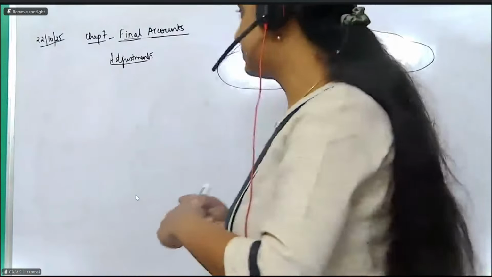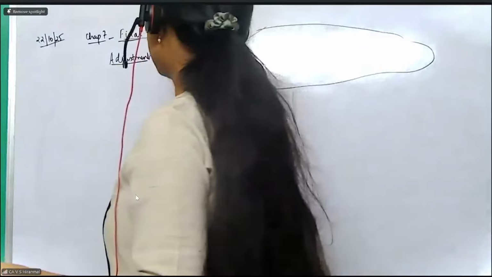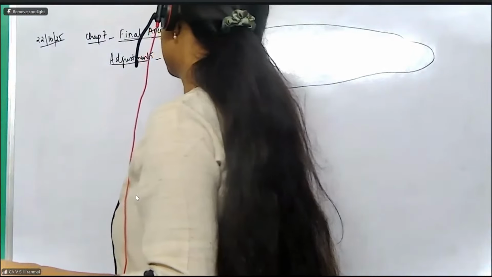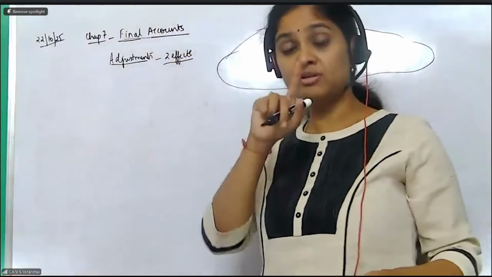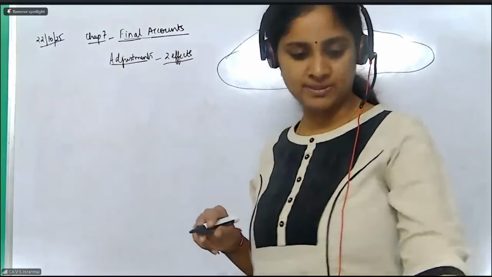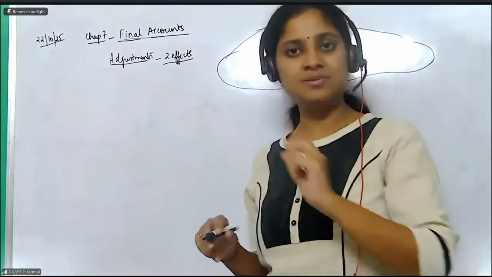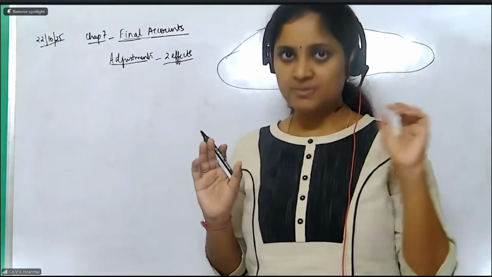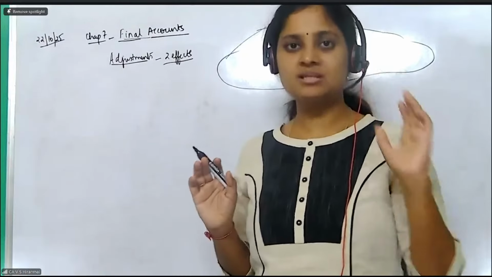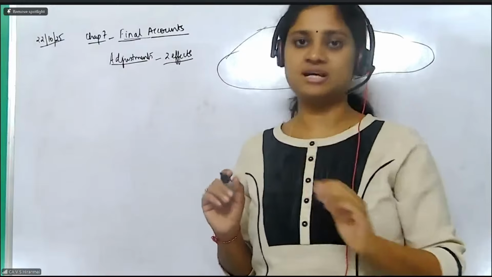Every adjustment, please listen very carefully, has two effects. Why, madam, two effects? Why not three or four? Because we follow the double entry system of bookkeeping. For every debit, there will be a corresponding credit. Whatever adjustments are asked in the question will come after the trial balance.